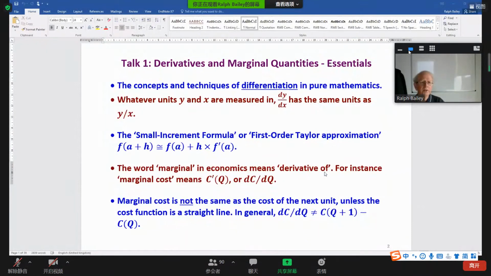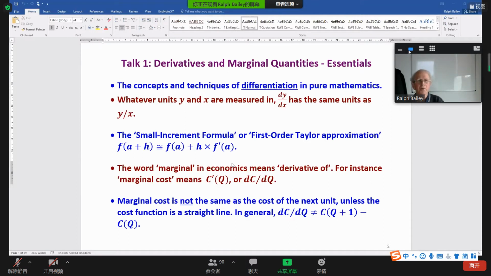Next point is simply about what marginal means in economics, and it means, so C prime of Q means dC by dQ. That's marginal cost. And there's a distinction which I keep emphasizing. You might have been told that marginal cost is the cost of an extra unit, but that's not quite true.